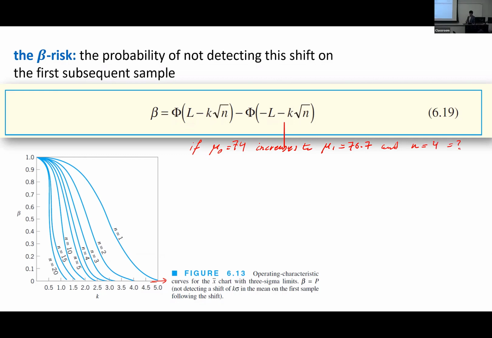What is beta? What's the probability that the point falls within limits when the mean has shifted up from 74 to 76.7, and n is 4? And sigma is also, I'm going to give you that, 0.9. The same example we had in the first slide.